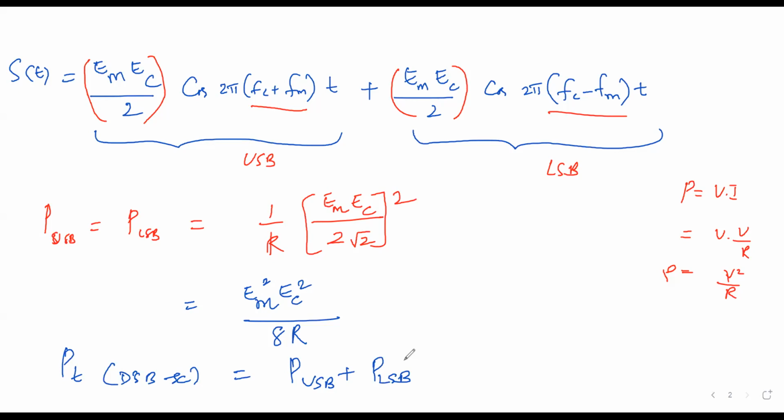But here in this case of double sideband suppressed carrier, the carrier component is completely suppressed. So we'll be having only the 2 sidebands. So the total power will become, so both are equal, right? Em square Ec square divided by 8R plus Em square Ec square by 8R. So the total power will become Em square Ec square by 4R.